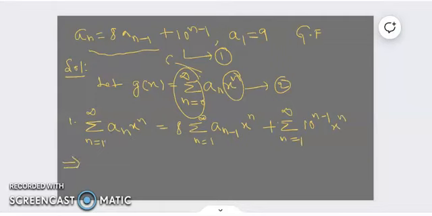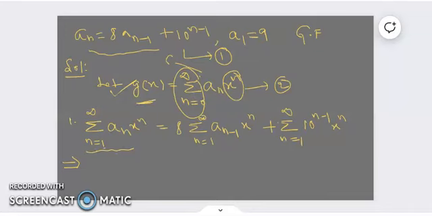To get the general form of the given recurrence relation, we need to convert this term. Observe the generating function: it starts from 0 to infinity, summation a_n x power n. So in place of summation n equals 0 to infinity a_n x power n, we write G of x as the generating function.